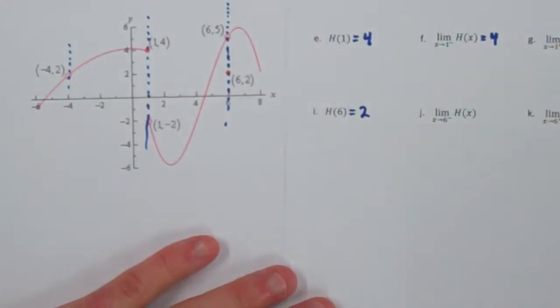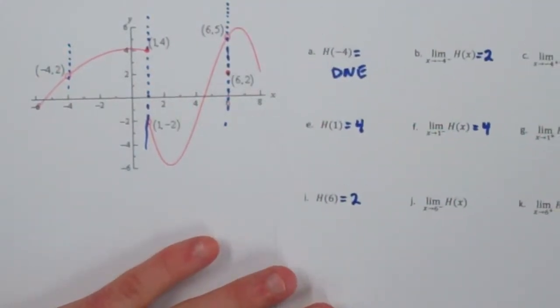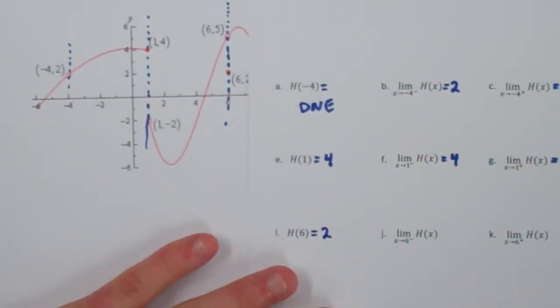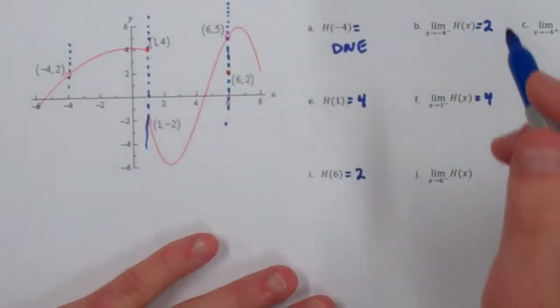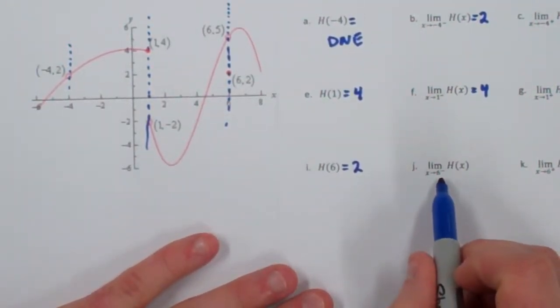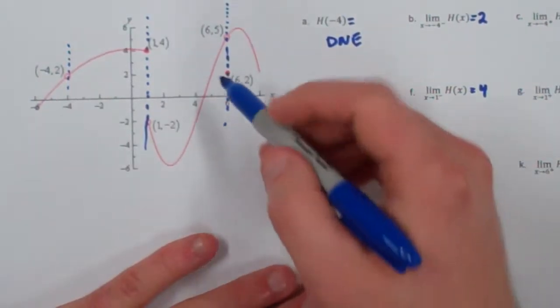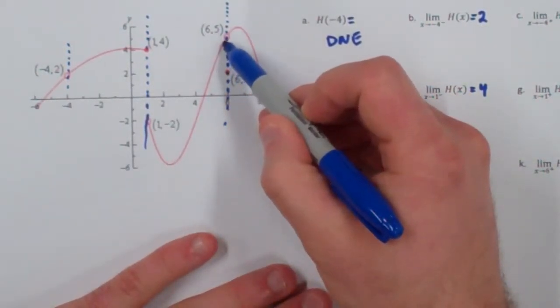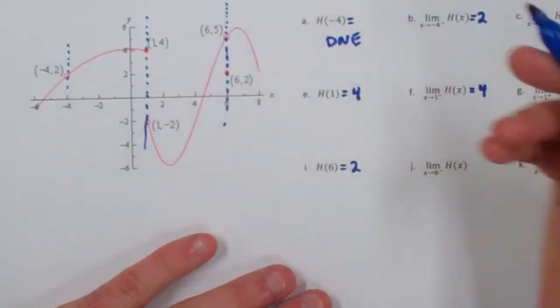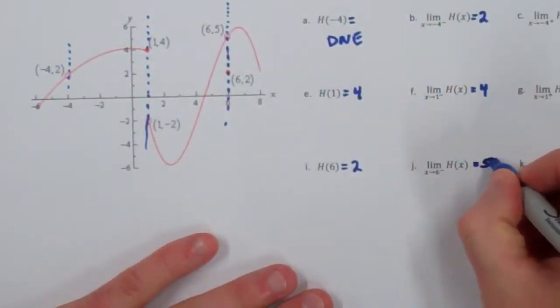Let's take a look at some of the other limits, though, and we're going to take a look here at the limit as x approaches 6 from the left. We'll take a look from the right, and then we'll see what we can conclude about the limit as x approaches 6. From the left, it looks like we're rising and getting close to a value of 5. I'll write that down.